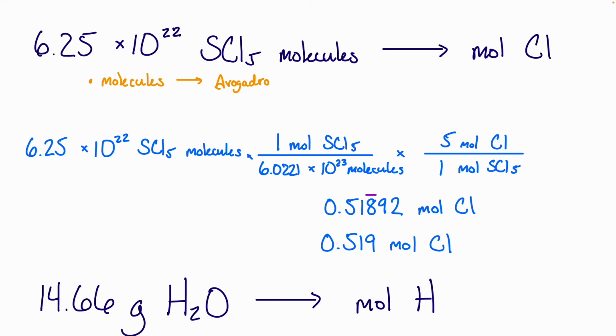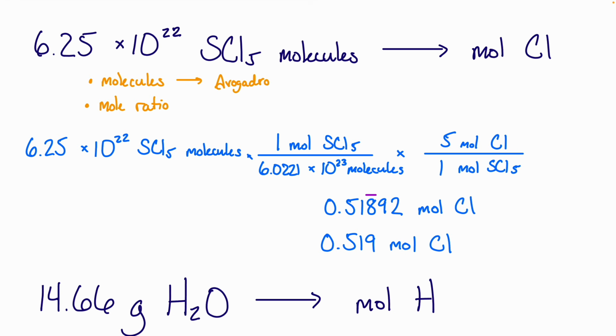And Avogadro's number would then put us in moles, but we would be specifically in moles of our compound, SCl5. If we're starting out in SCl5 molecules, using Avogadro's number takes us to moles of our compound. But I want to figure out how many moles of just chlorine I have. So that's how I know I'm going to need to use that mole ratio.